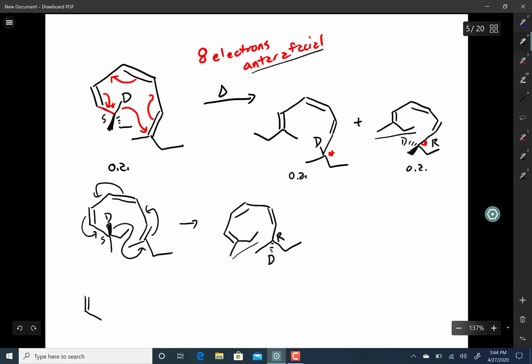But we could have also rotated that deuterium so it's a dash. And when we do so, we get that. Again, we can have the reaction.